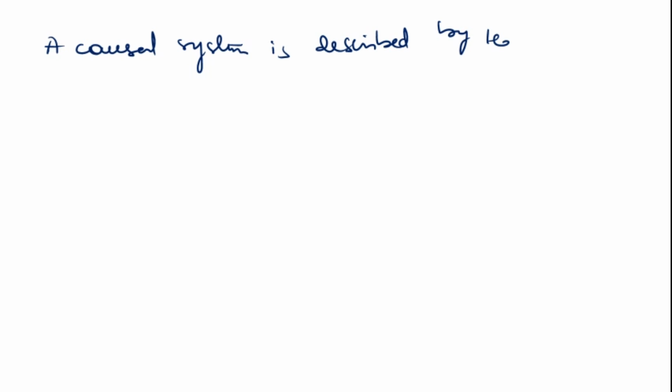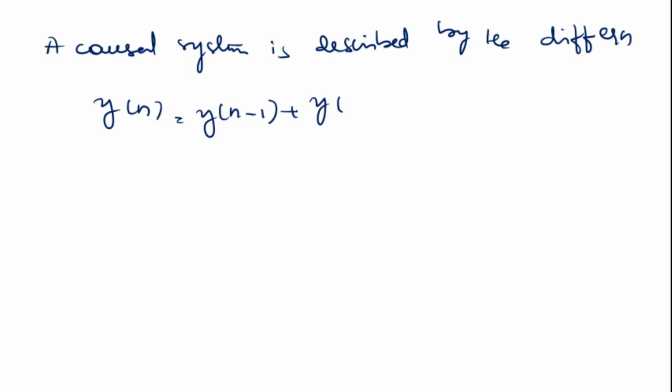A causal system is described by the difference equation y of n is equal to y of n minus 1 plus y of n minus 2 plus x of n minus 1. Find the system function h of z.